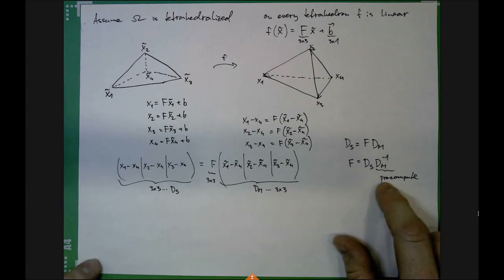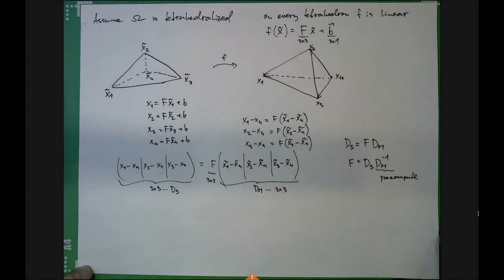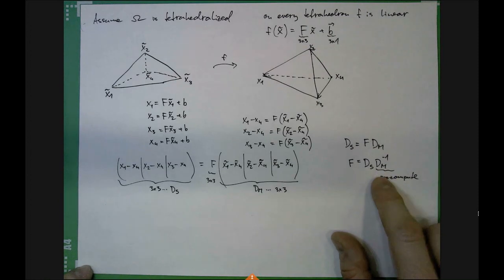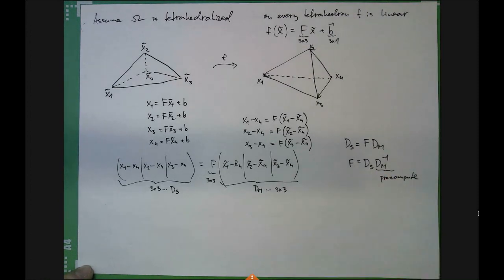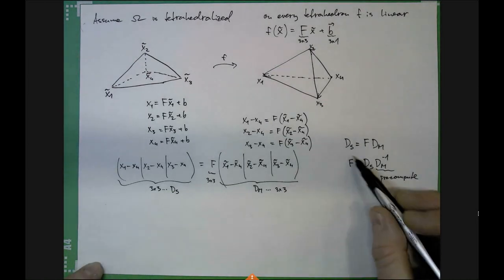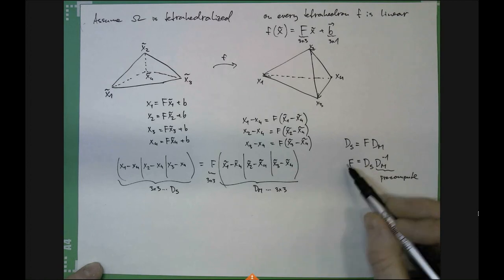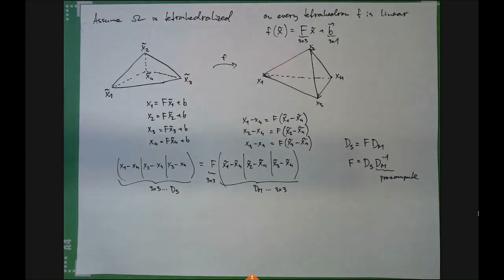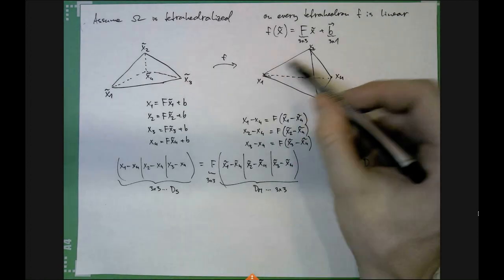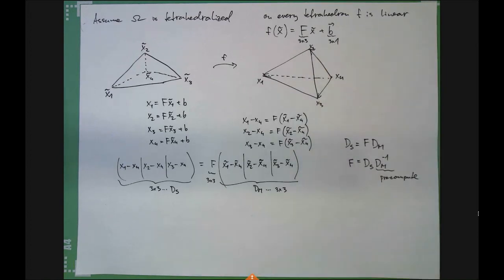So that's good, because if you have a good tet meshing software, it will give you matrices Dm which you can always invert. And now you know how to compute the deformation gradient F for an arbitrary deformed configuration, as long as it's piecewise linear and described using linear tetrahedral finite elements.